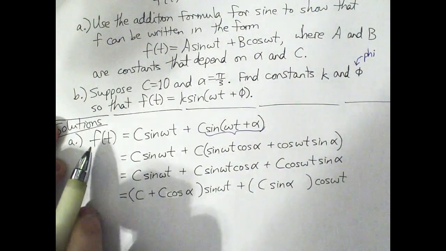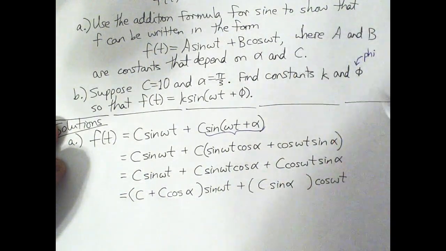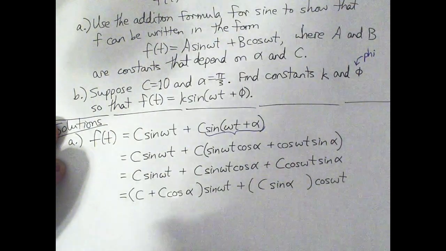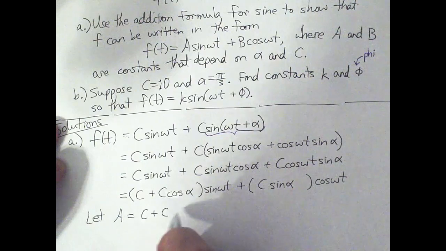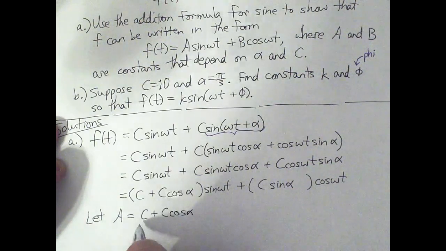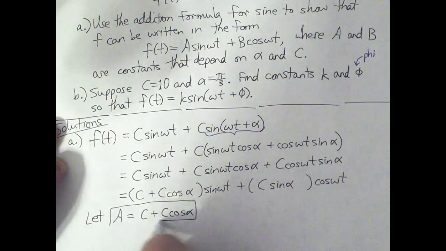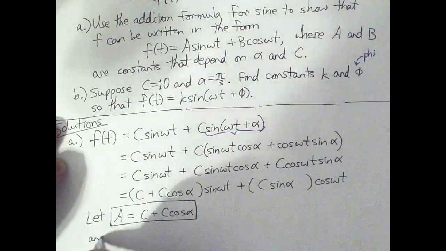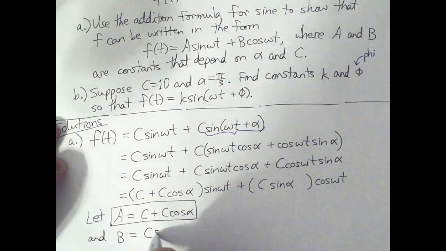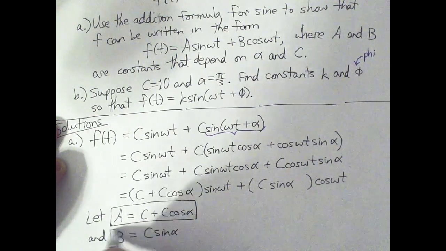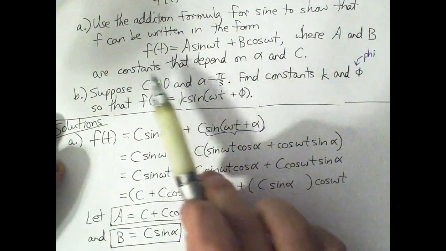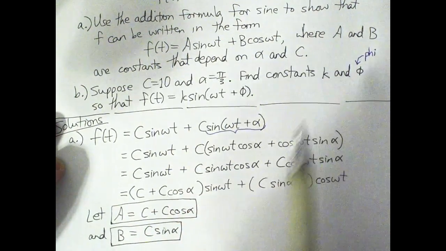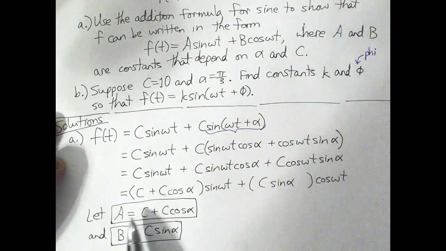So we did it. We got f of t into the form that the problem told us that it could be written in. So I'm going to say that we found that A should be c plus c cosine alpha. And let B equal c sine alpha. Did we do this? Are A and B constants that depend on alpha and c? Yes, they are. Because look, A is something that depends on alpha and c.